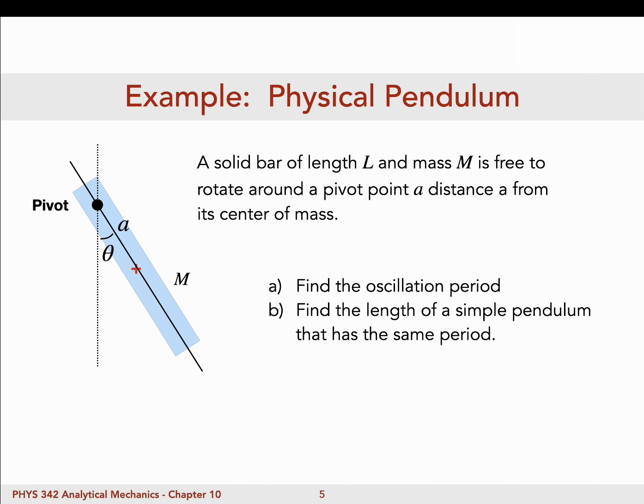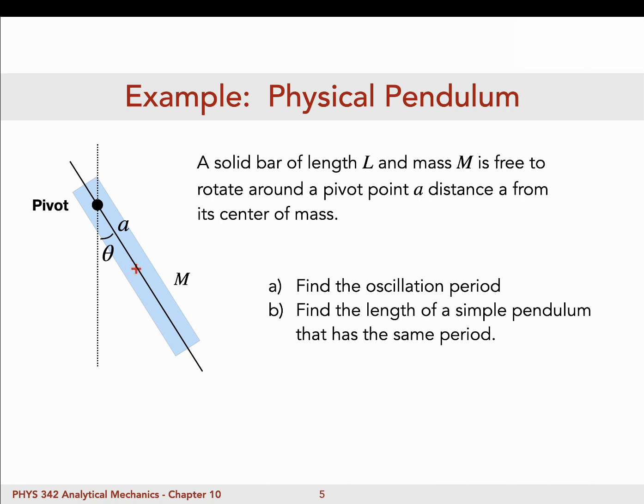So let's see here. We'll assume that the pivot point is right here. The center of mass is going to be assumed to be at the center of the rod since it has a uniform density. And the distance from the pivot point to the center of mass we're calling A. So we're going to assume we swing the rod over by some initial angle, let it go, and then watch the oscillations.